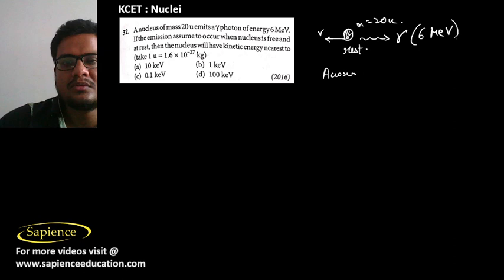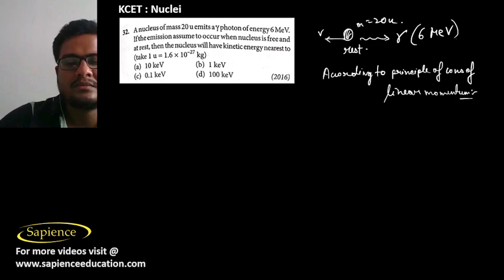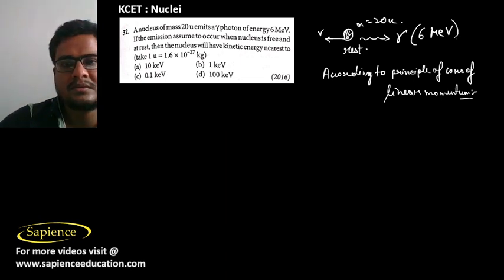According to the principle of conservation of linear momentum, the momentum of the nucleus plus the momentum of the gamma photon, that is E by C, is equal to 0, since it was initially at rest.